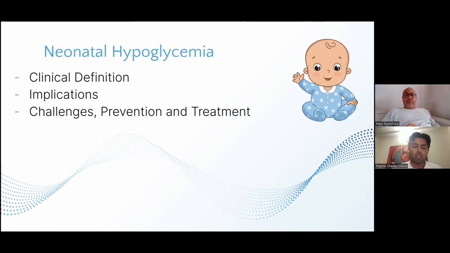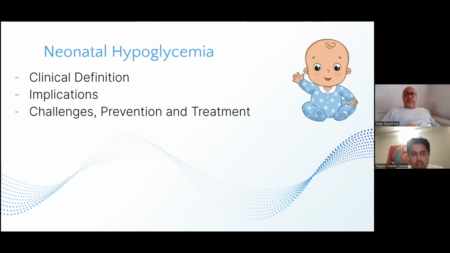So there are some challenges with this, which are that hypoglycemia many times doesn't have symptoms; it's asymptomatic, and the doctor needs to be very vigilant, making sure that he sees these risk factors beforehand to treat in a timely manner.